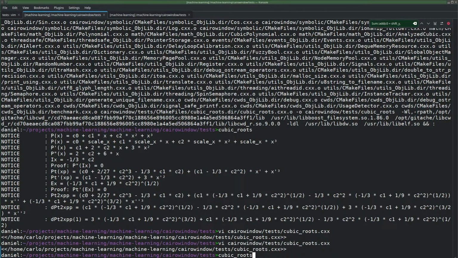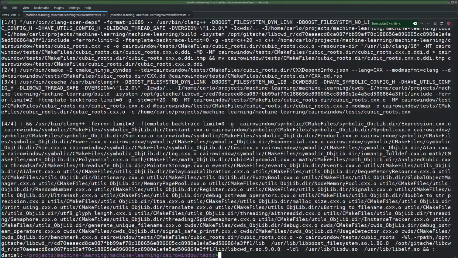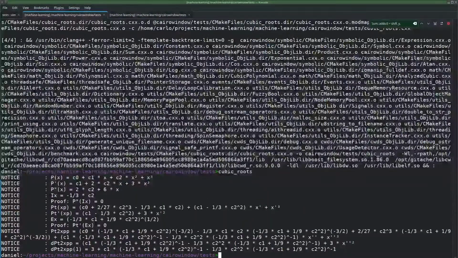Let's see what the result is of that. So that worked, and now it is just x double prime to the power 3. This coefficient was removed.